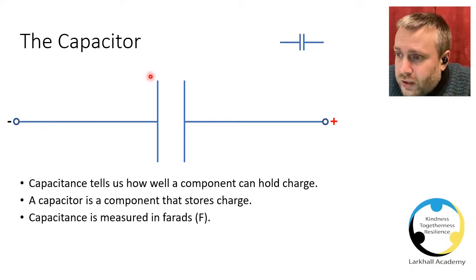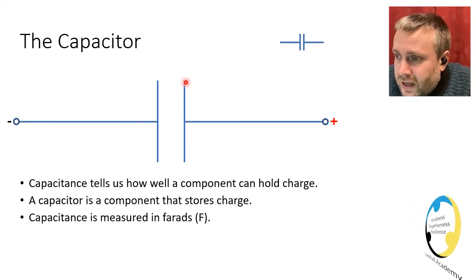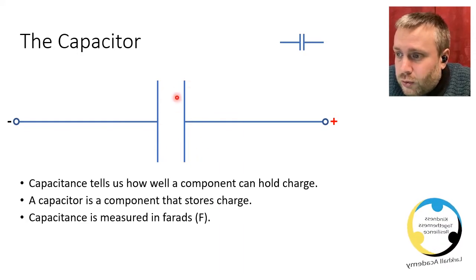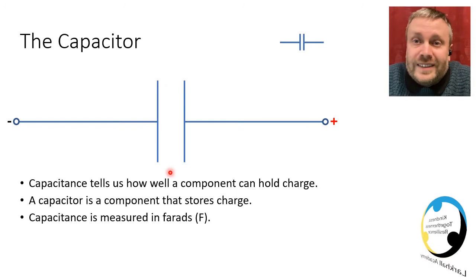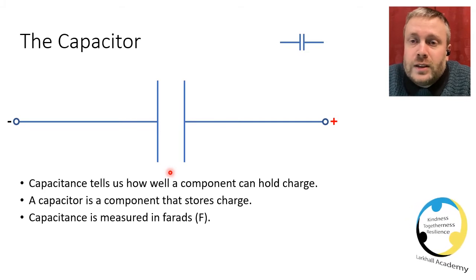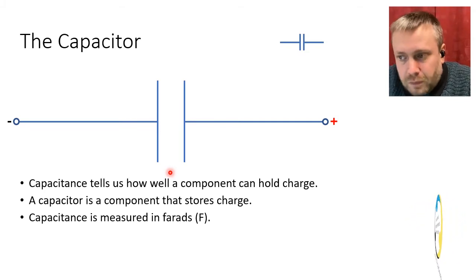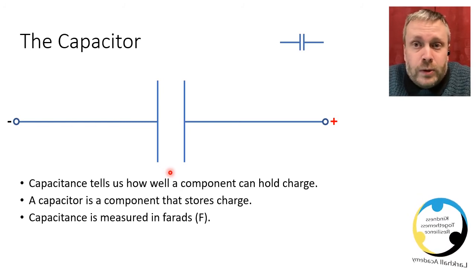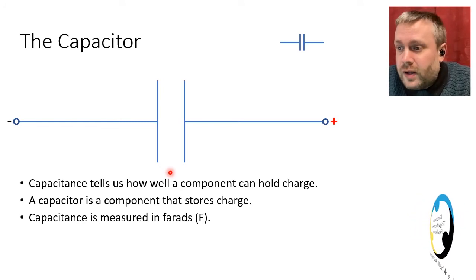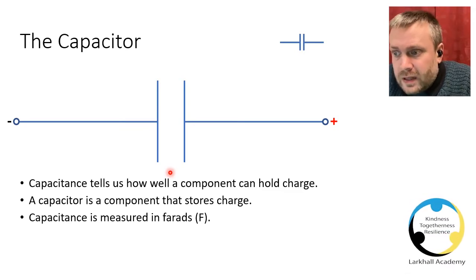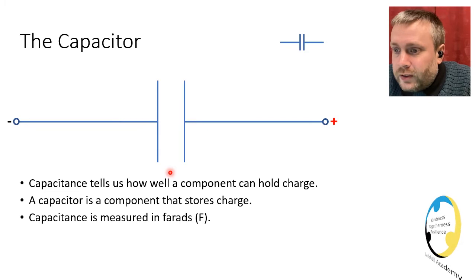Our capacitor is, in its simplest form, just two parallel plates with some sort of insulator between them, something that's going to stop those charges from being able to travel from one plate to the other. You can do that just by having two plates with some air between them, presuming you don't have a charge that's too high. But essentially, that in its most basic form is what a capacitor is.